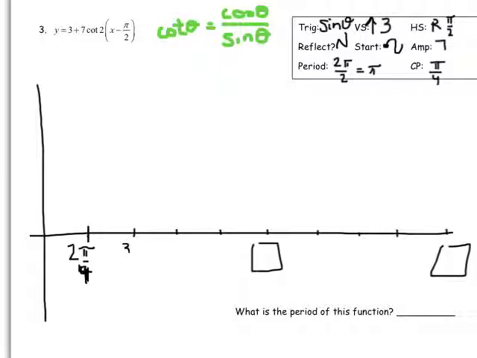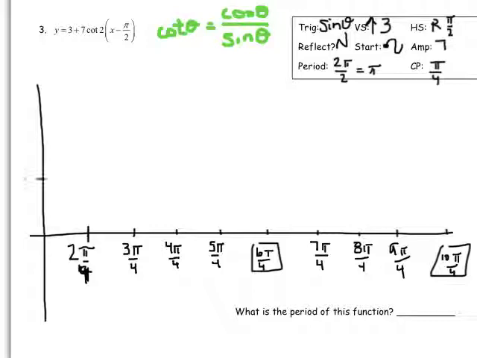So add pi over 4, you get 3 pi over 4, 4 pi over 4, 5 pi over 4, 6 pi over 4, 7 pi over 4, 8 pi over 4, 9 pi over 4, and 10 pi over 4.